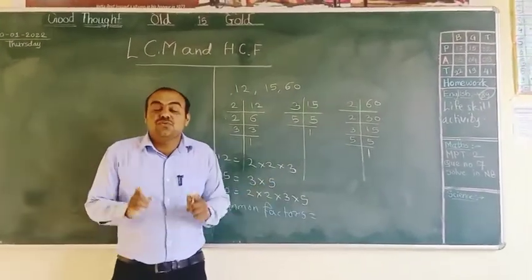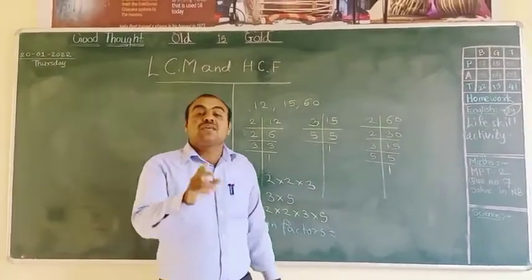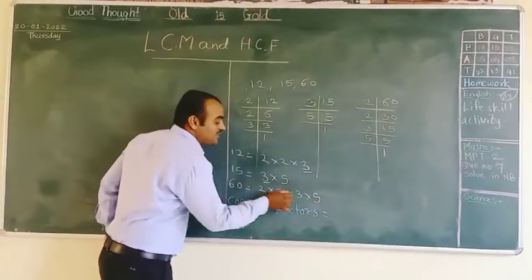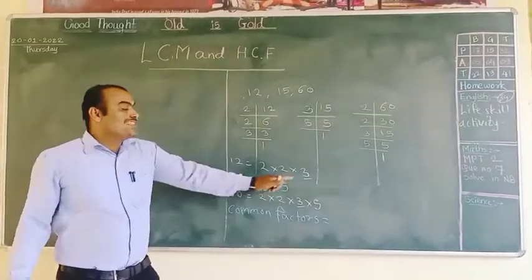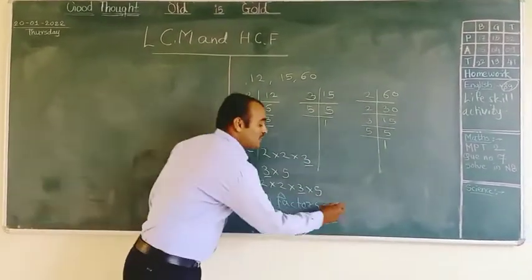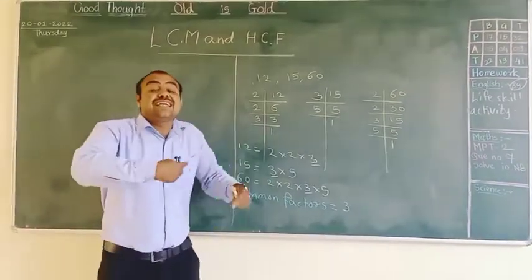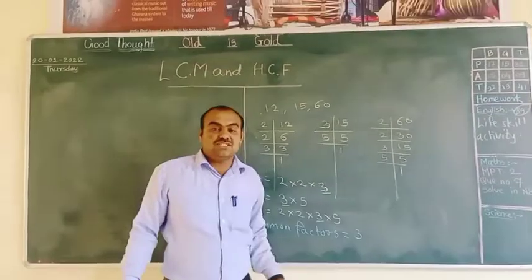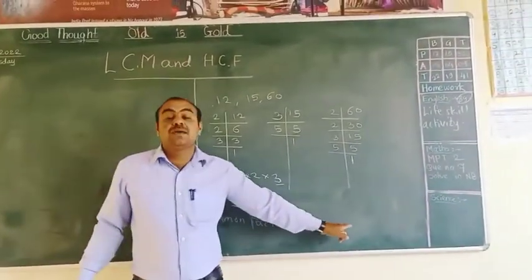We can see we got one common factor, that is 3. So we can underline it, that is 3. So that 3 is present in all 3 numbers. So 3 is a common factor. If another number is common, write it in front of it and multiply, and you will get its HCF.